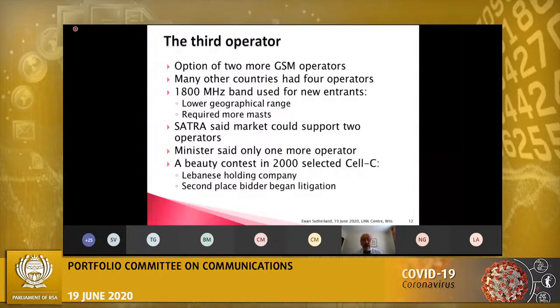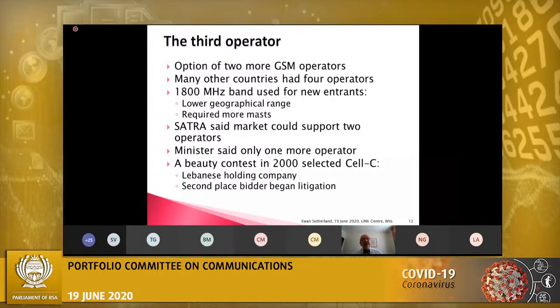And the beauty contest selected Cell C, which is a slightly strange Saudi registered company belonging to a holding company in Lebanon, which sold out just last year, the year before, to South African interests. And as I say, there was some litigation over that.